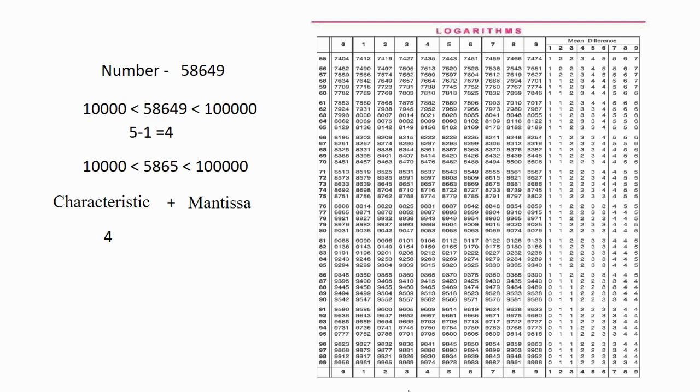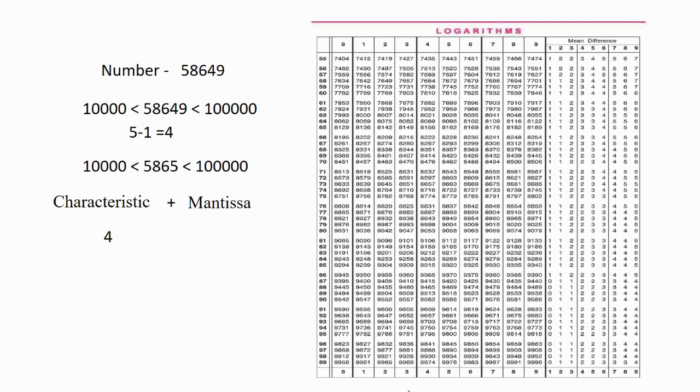But when I approximate the number, I still keep the characteristic as 4. It means I never make the 5-digit number into a 4-digit number. I just keep it as it is, because it is the log value of a 5-digit number. I can't make 50,000 into 5,000. I should keep the given value as it is.